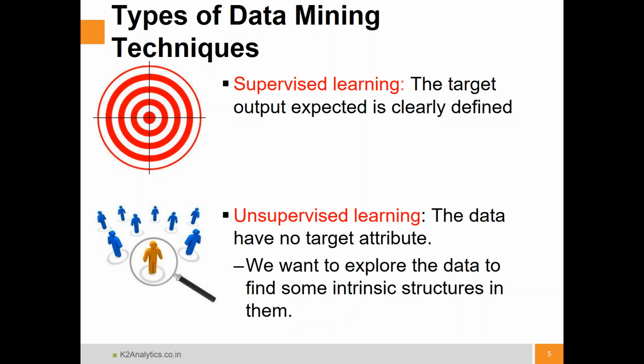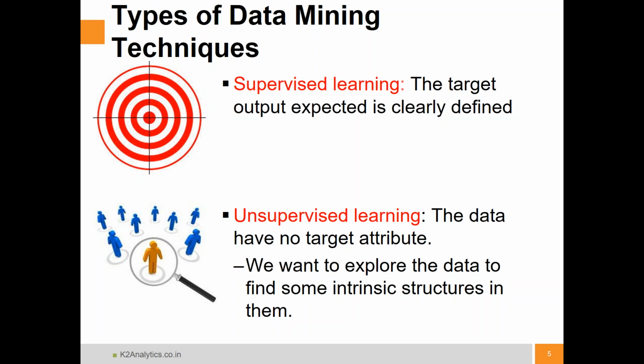Basically, when you have a dependent variable and one or more independent variables, and you try to analyze between these two, that is called a supervised learning technique, because what you're trying to do is analyze the dependent variable with respect to the independent variables.